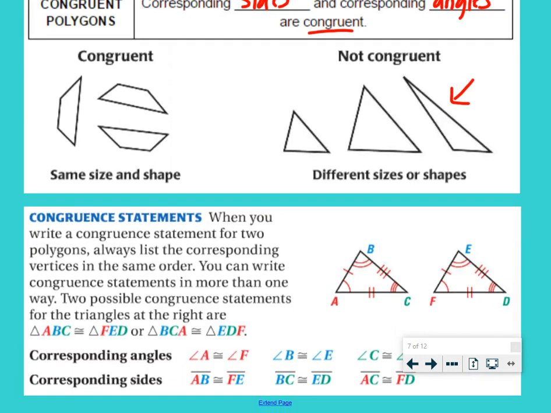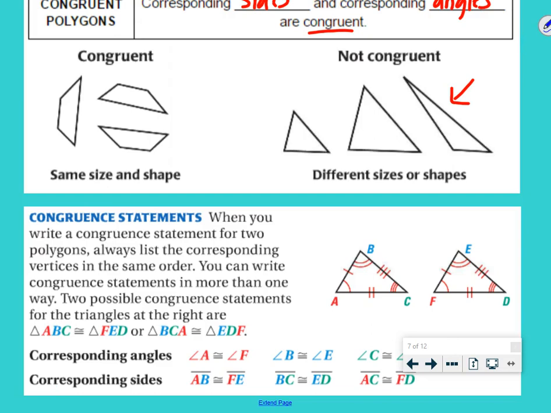On your resource sheet, we have this piece on congruence statements. When you write a congruence statement for two polygons, always list the corresponding vertices in the same order. You can write congruence statements in more than one way. So we want to make sure we're listing corresponding pieces in the same order.